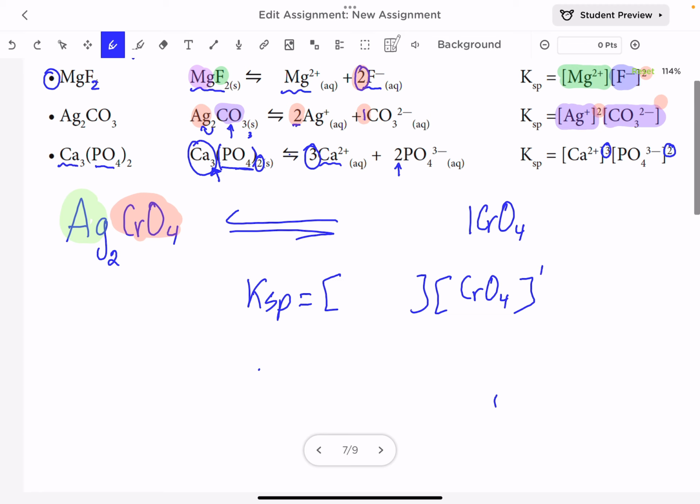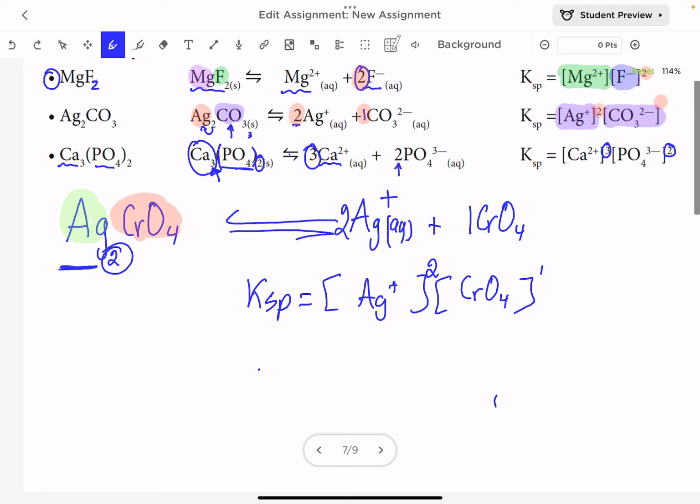Now, the first ion is silver, and silver is always known to be positive 1. In this ionic compound we have twice the silver, so it's going to be raised to the power of 2.